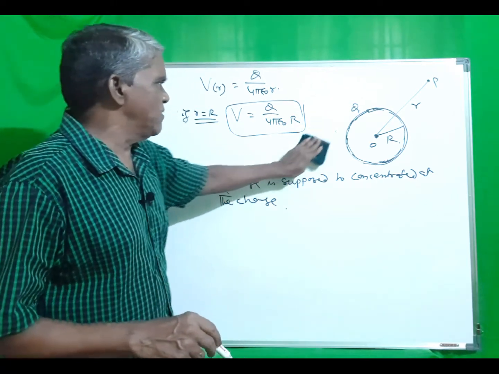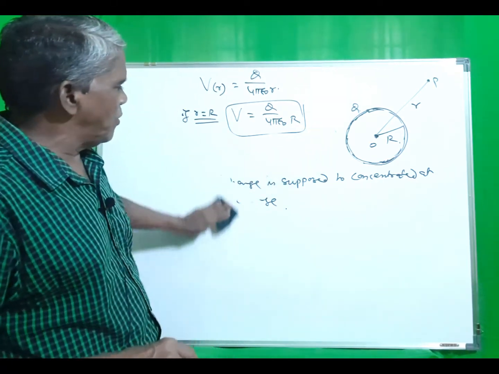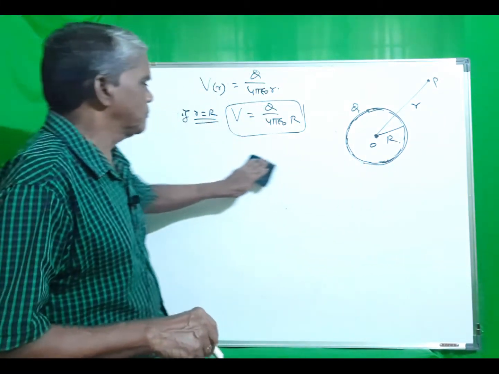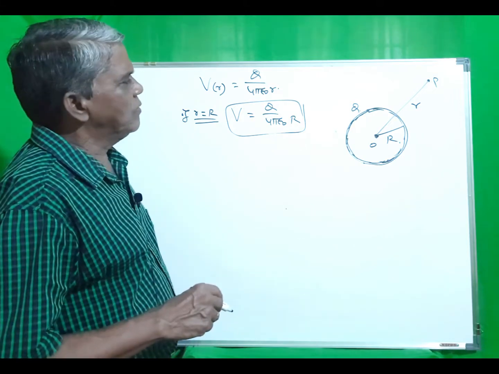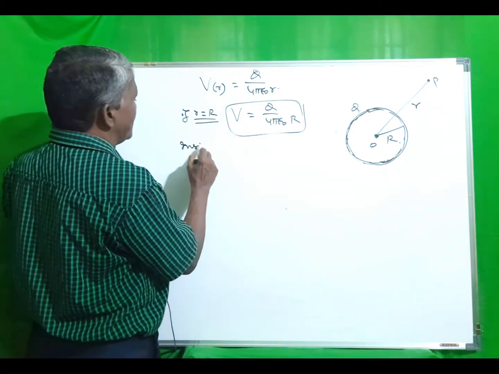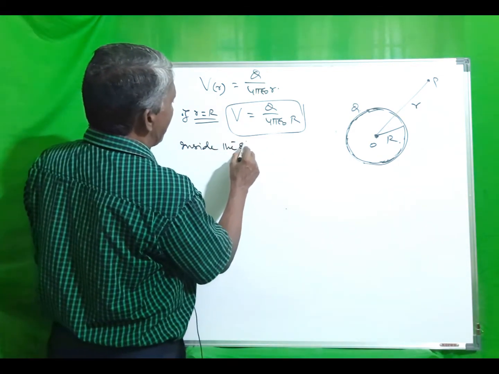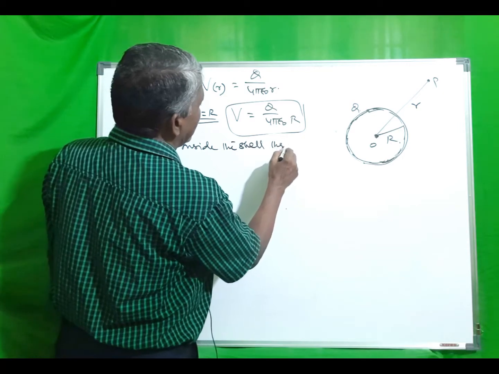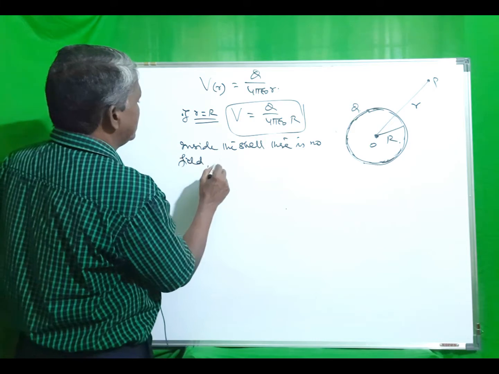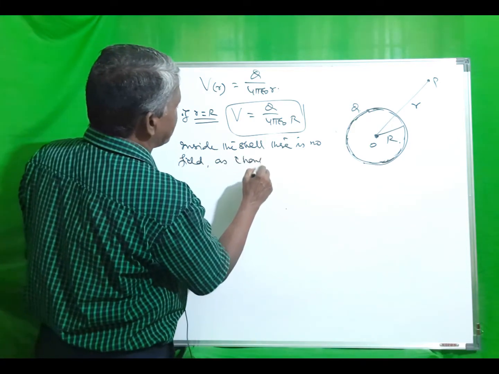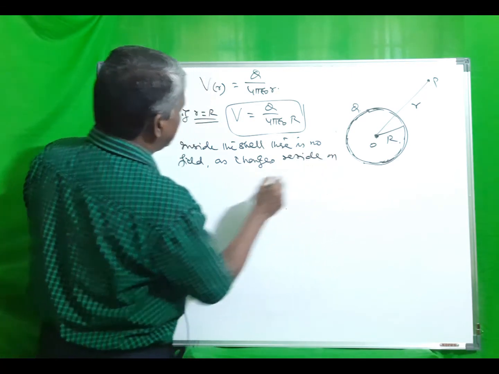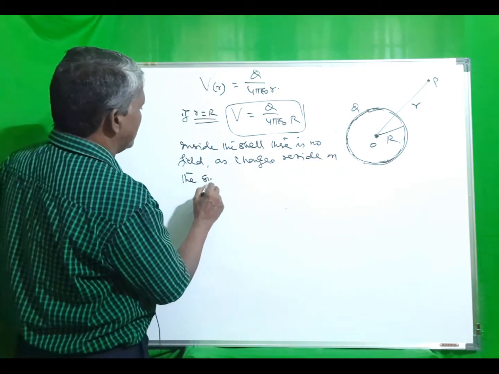Inside the shell, there is no field, as lines of force cannot penetrate a hollow conductor. According to Gauss law, we have proved that inside the shell there is no field, as charges reside on the surface of the conductor.